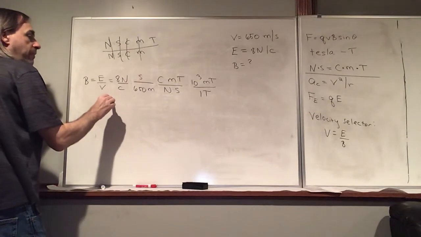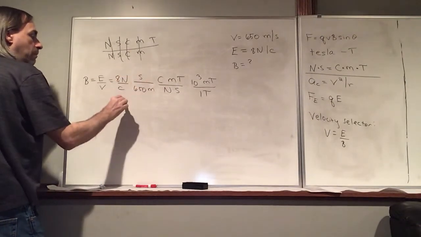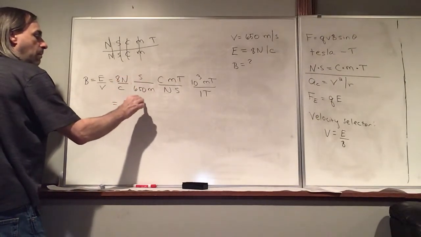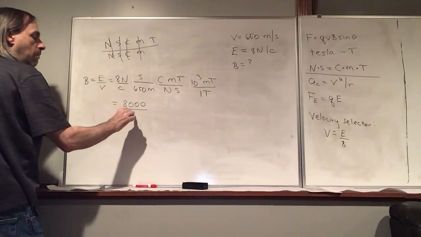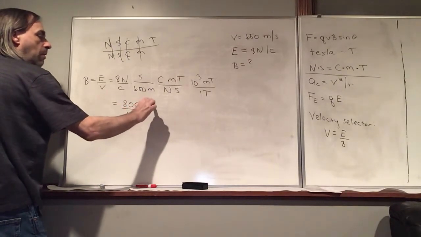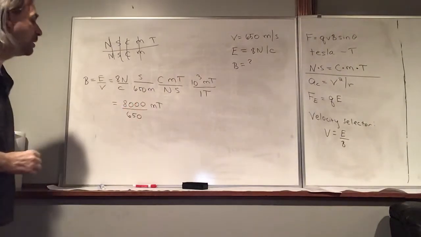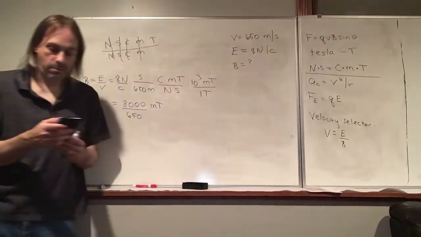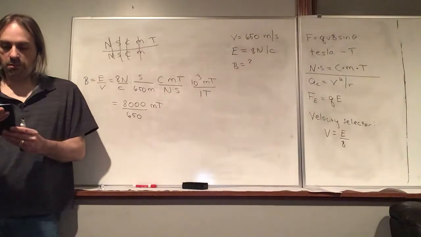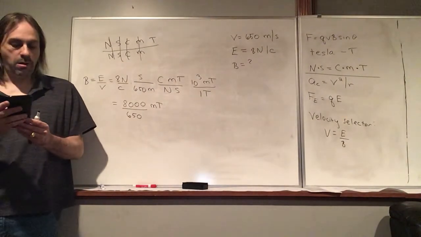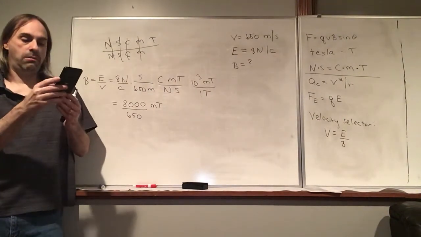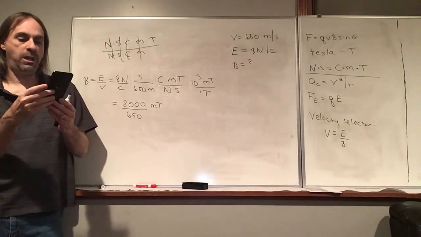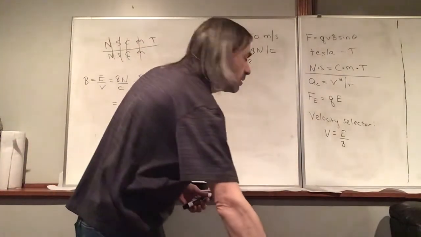So what we'd have is 8,000 divided by 650, and let's do that. 8,000 divided by 650, so 12.3 milliteslas.